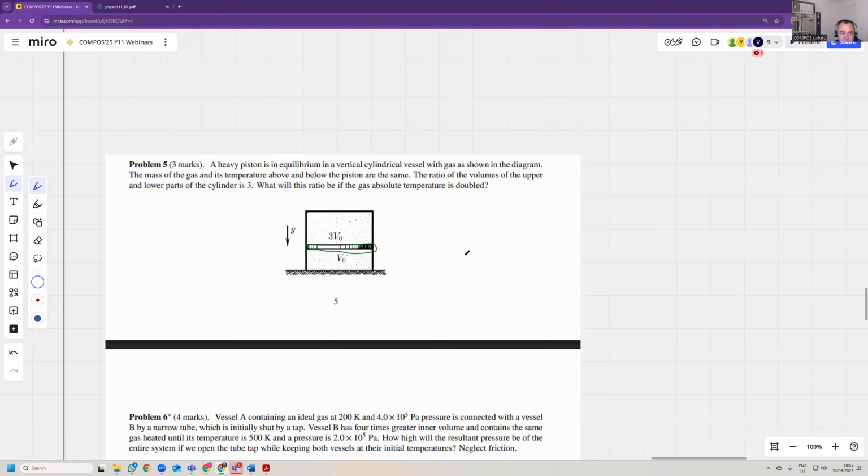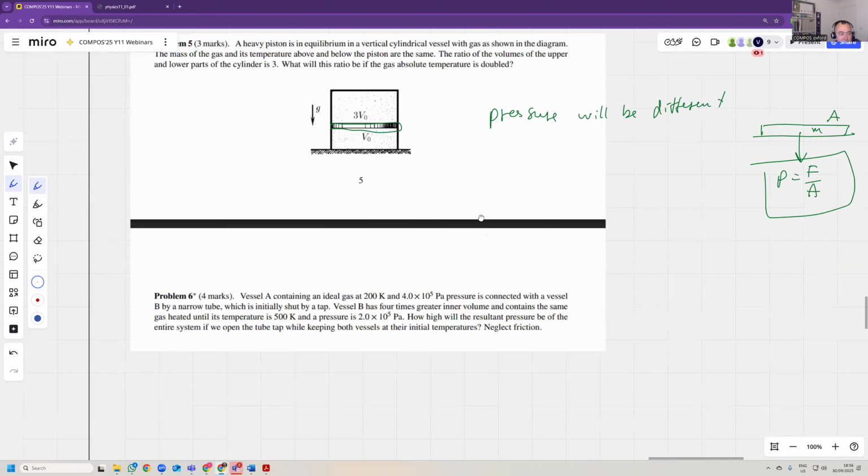So the pressure will be different. The piston has mass M and cross-sectional area A, so it pushes on the gas and the pressure is force divided by area. So that's what I can say here for question 5.